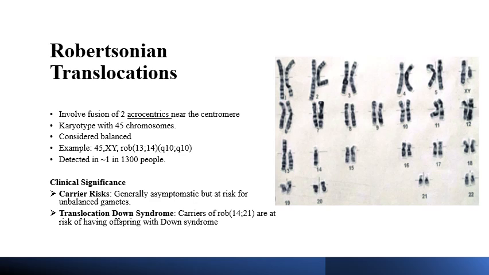And carriers are usually asymptomatic, so it poses no risk to the carrier themselves because it's balanced, but they do face a reproductive risk, such as an increased chance of having a child with Down syndrome, especially in cases where acrocentric chromosomes, such as 14 and 21, fuse and become translocated.